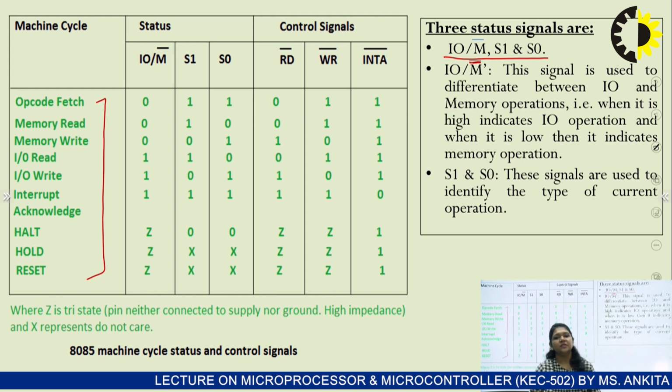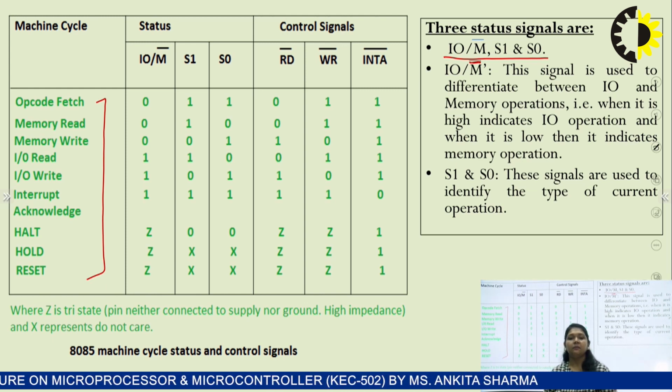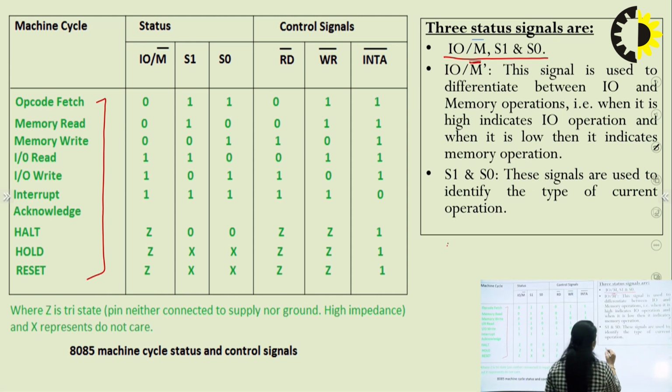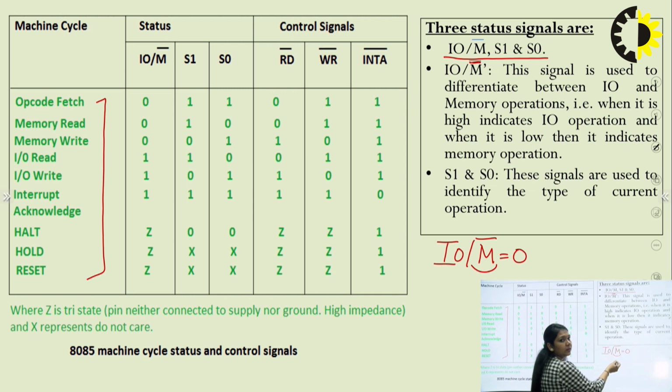Memory is an active low signal. When IO/M bar is 0, the microprocessor is dealing with the memory, and if this pin is 1, the microprocessor will be dealing with the input output.